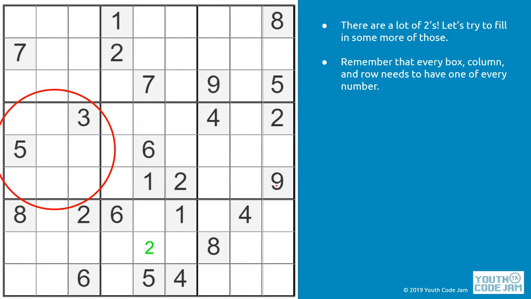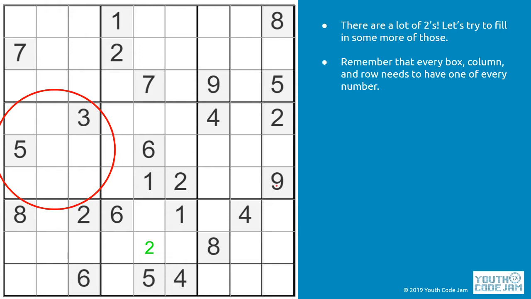And I see a 2 right here. So we know that neither of these squares in the same row are also 2s. So we've taken out this column, we've taken out this row, and we've taken out this top row. Well, there's only one option left of where we might be able to put a 2 in this box, and that's the center square right here. So let's fill that in.